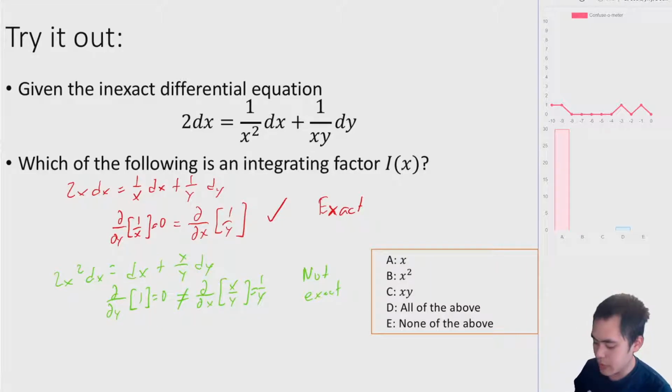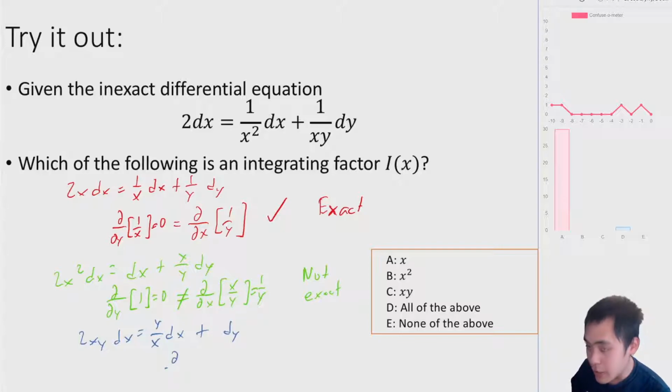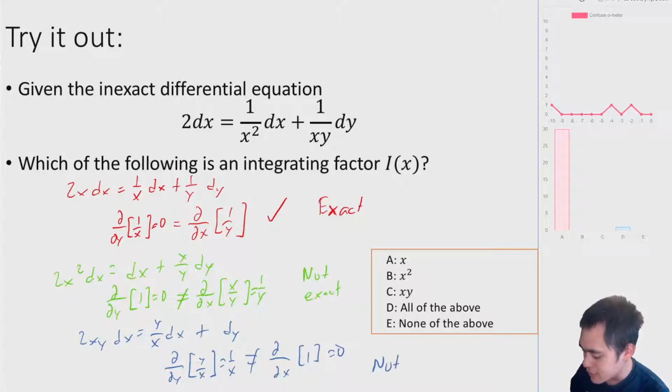And lastly, if you multiply by xy, you get 2xy dx is equal to y over x dx plus dy, and del y of y over x is equal to 1 over x, and del x of 1 is equal to 0, and these are not equal, so not exact. And so our solution, I'm going to do this in red, is just A.